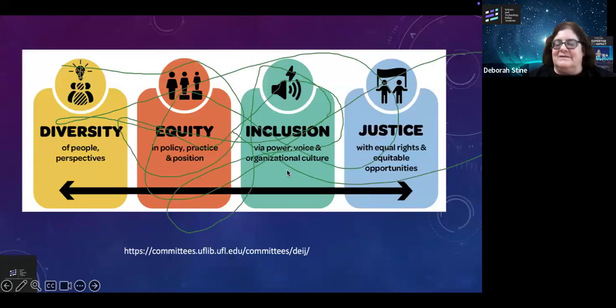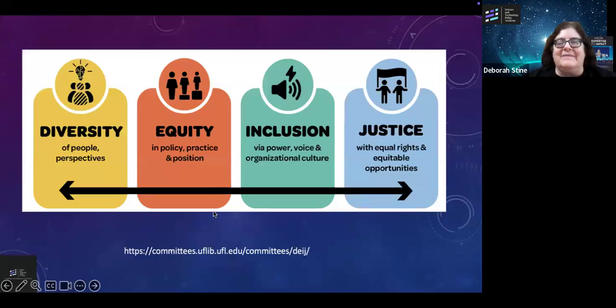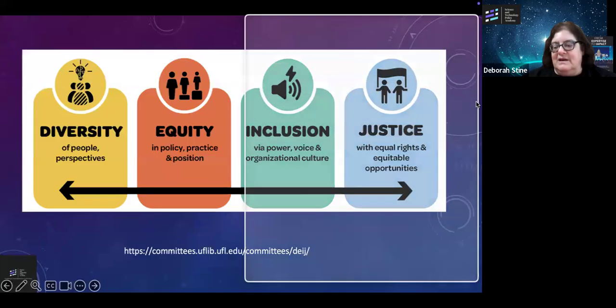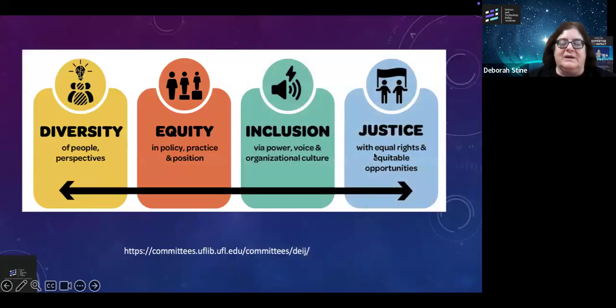Now, one thing that can get very confusing, particularly in the rhetoric, is diversity, equity, inclusion, and justice. So what happens is that when people talk about DEI activities or DEIJ, or sometimes it's called JEDI, they mean all of these things.